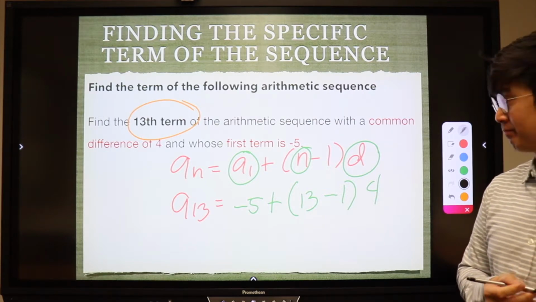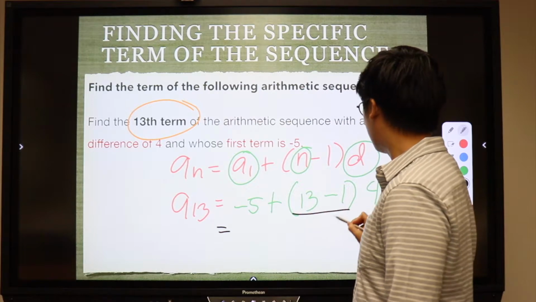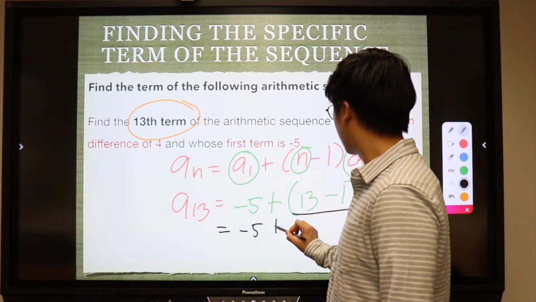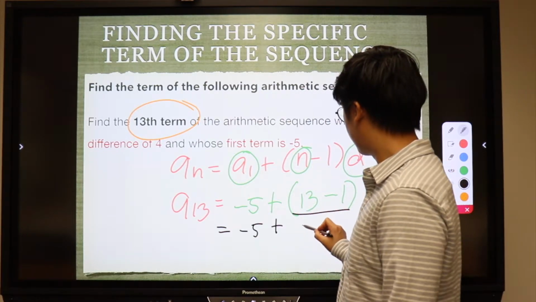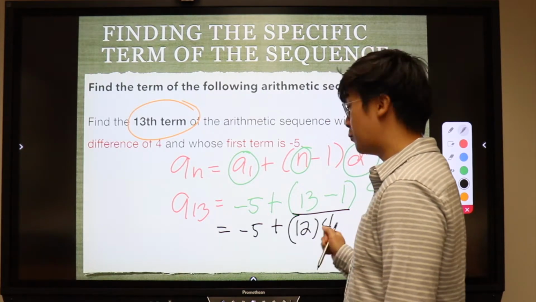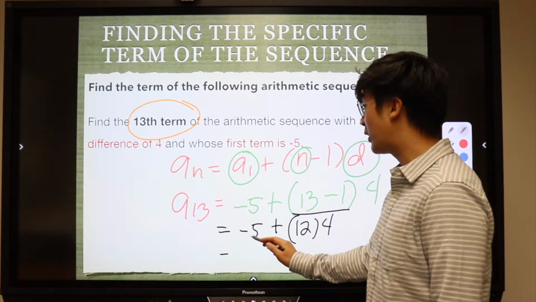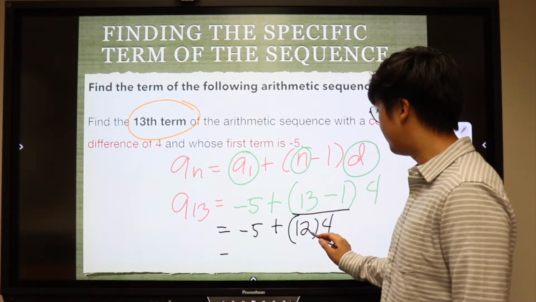Did you find it? Yes. Okay, I'll find it too. So the first thing that I will do is to simplify this. 13 minus 1? 12, right? And then it turns into multiplication, right? Am I going to minus 5 and 12? Oh, it's 23.